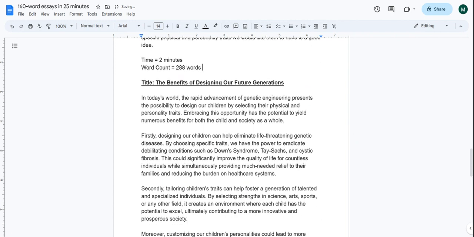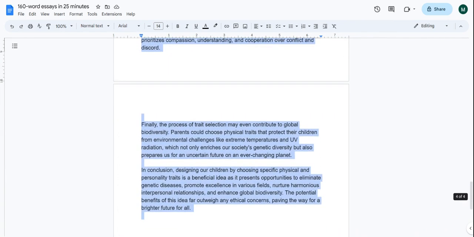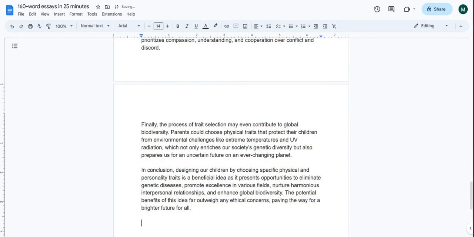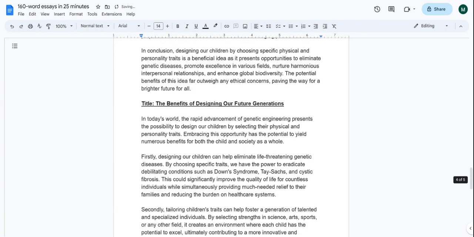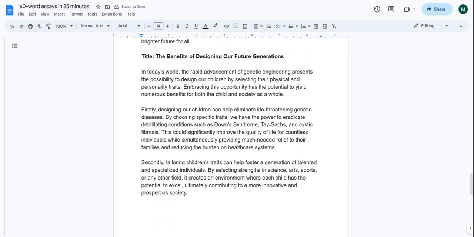But what would it look like if I had to shrink this to 160 words? So let me go ahead and copy it again and paste it down below. And then let me mess with it and shrink it to 160 words and see where this might go.